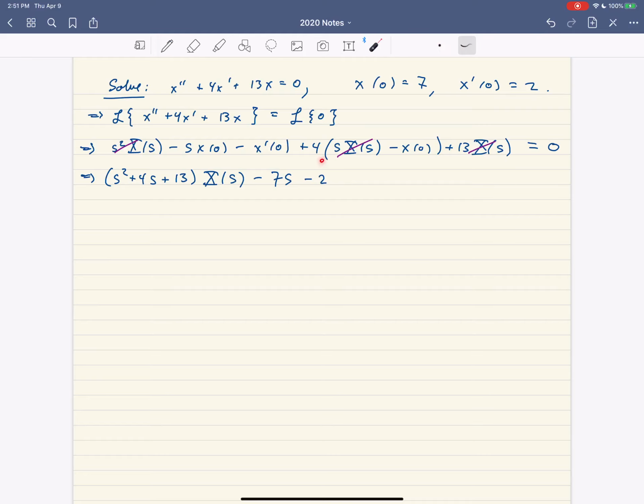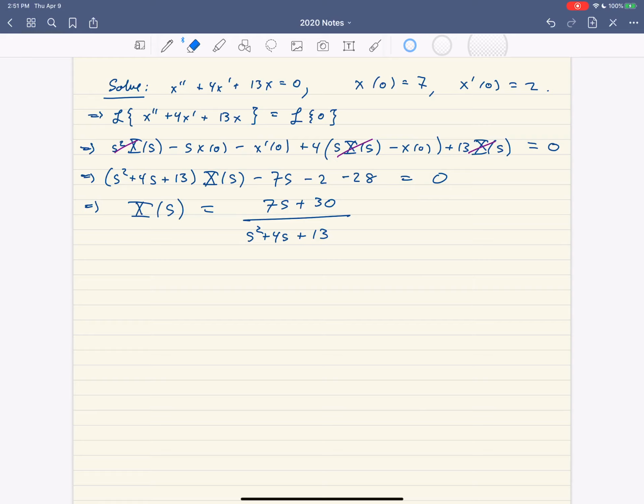And then 4 times, let's see, x of 0 is 7, so 4 times minus 7 will be minus 28. This is going to be equal to 0. Then let's add 7s plus 30 to both sides, and then divide both sides by s squared plus 4s plus 13.